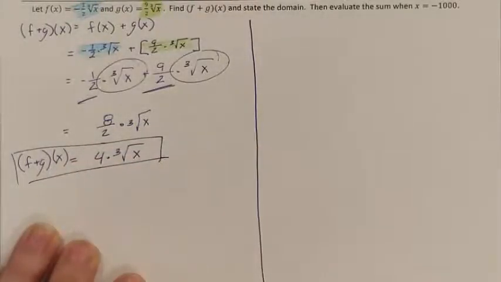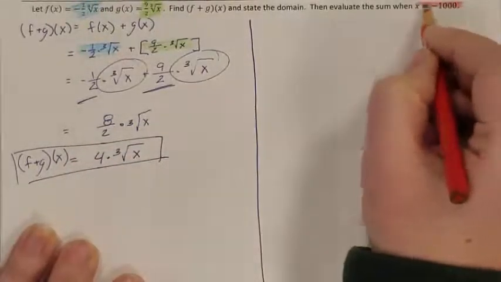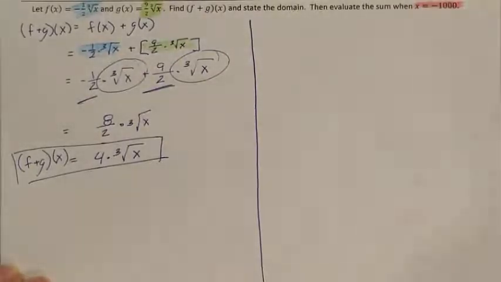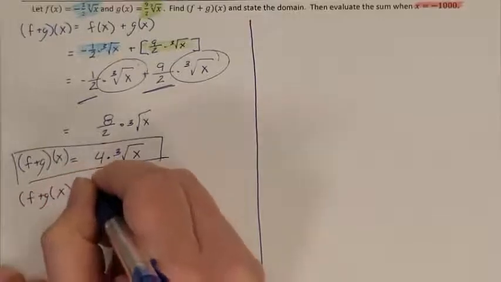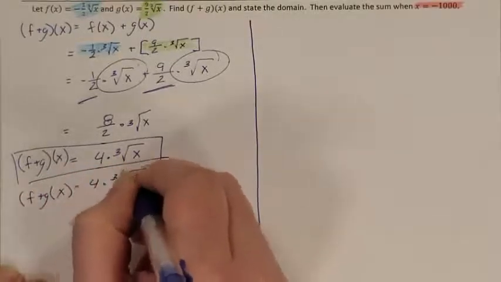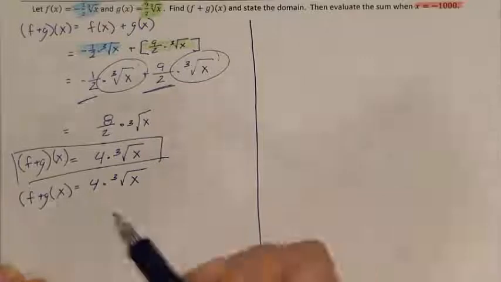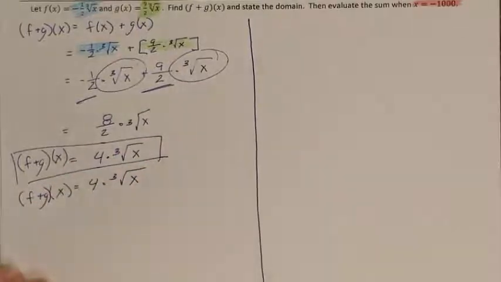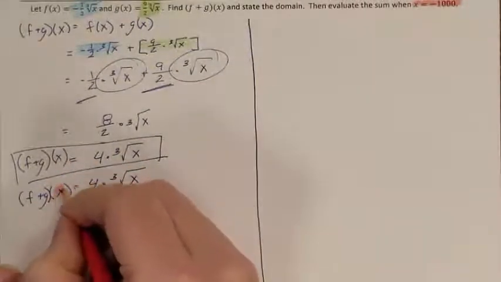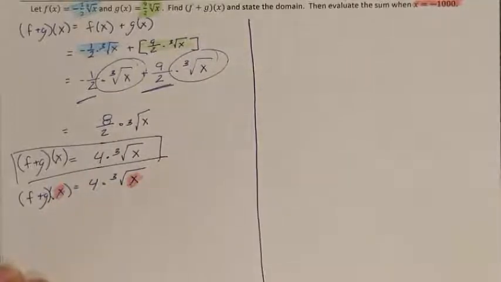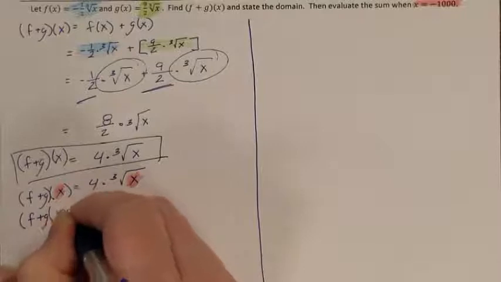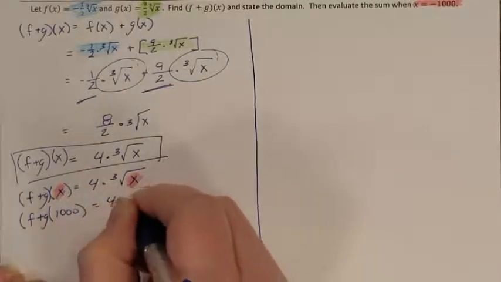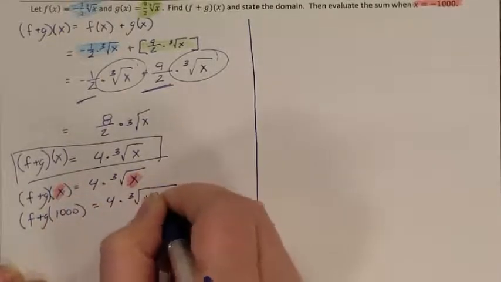Well, now we're being asked to evaluate that when x equals 1,000. So my f plus g of x rule, I need a new parenthesis, when I am being asked to evaluate x to be 1,000. So I have f plus g at 1,000 equaling 4 times the third root of 1,000.